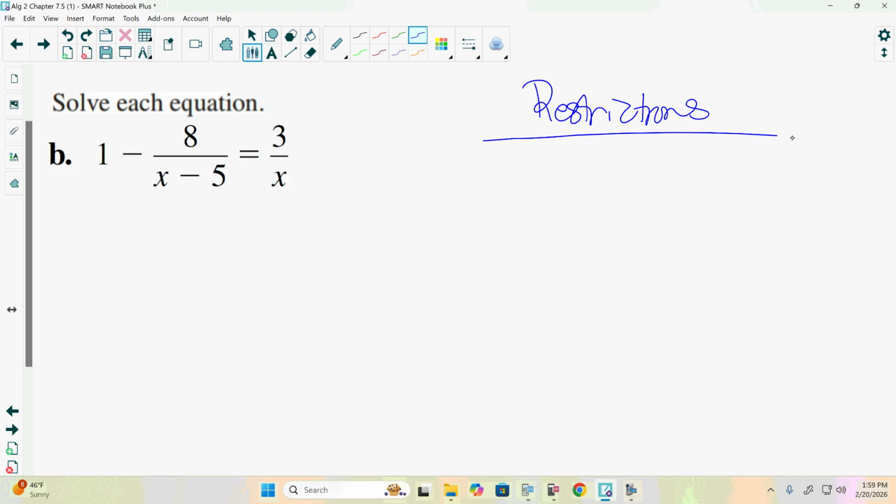So we have two places where the denominator can be 0. Yes? One of them is at x. Well, if that x is equal to 0, it gives us the denominator of 0, so it can't work. The other place is at x minus 5, yes? And we could solve it by adding 5 to both sides and figuring out that x is 5.